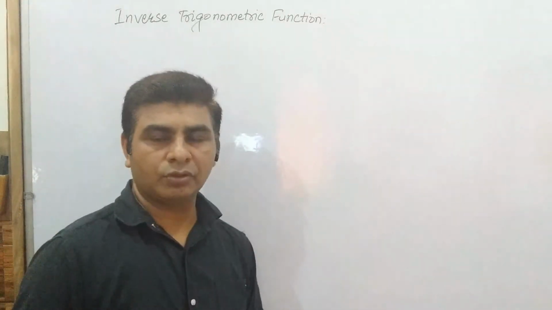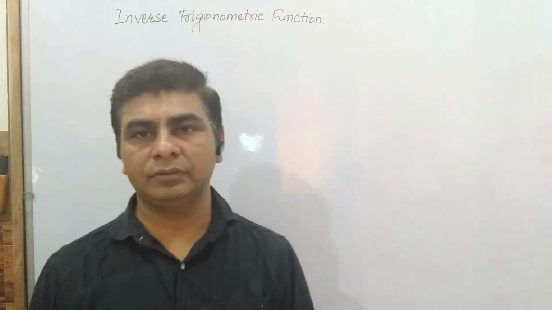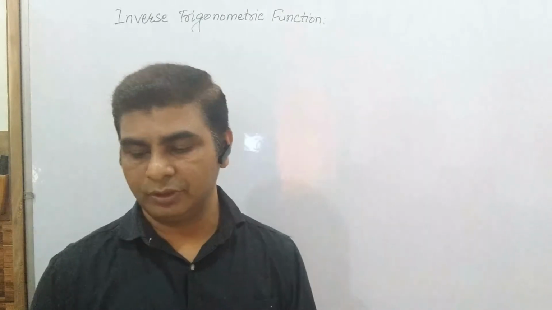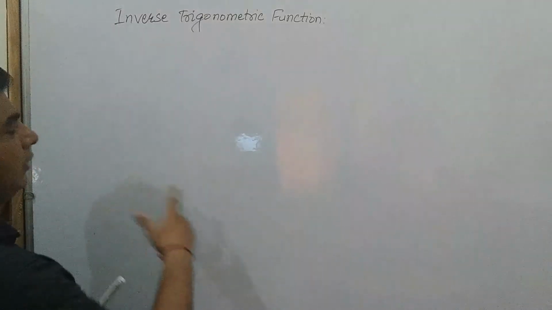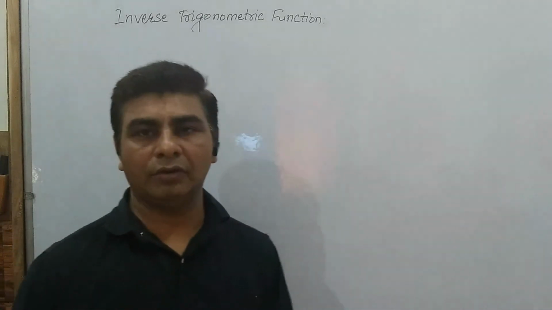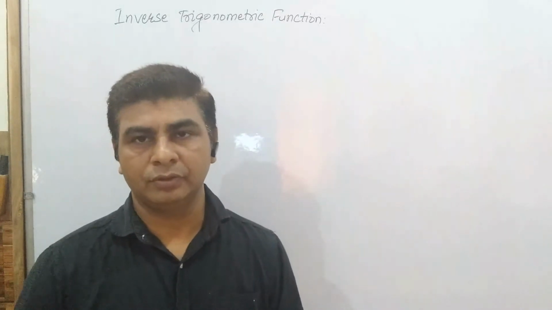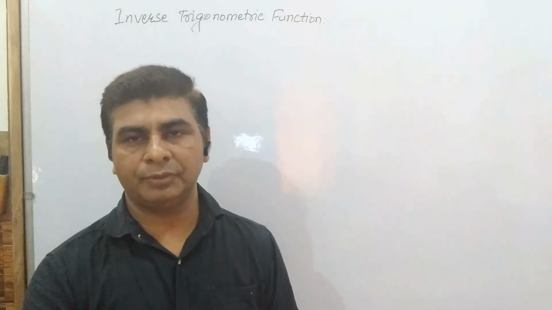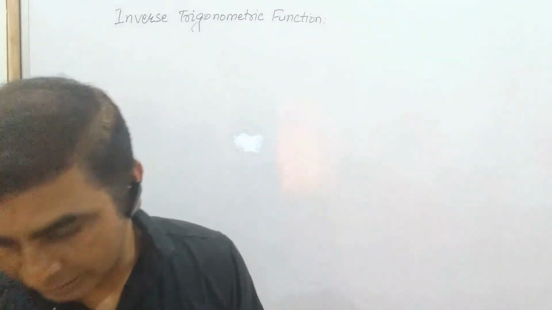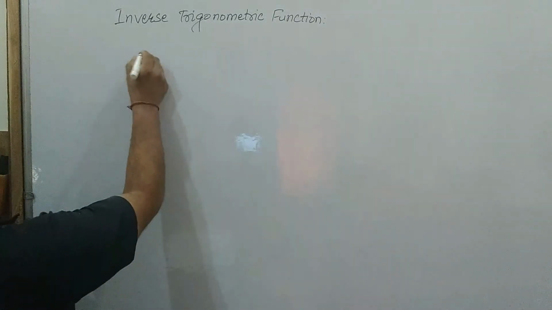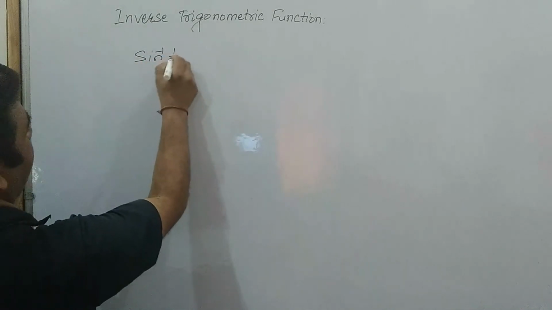Dear students, let's start with exercise 2.1. The first question of exercise 2.1 from your NCERT book is we need to find the principal value of the given inverse trigonometric functions. The first inverse trigonometric function given to us is sine inverse 1 by 2.